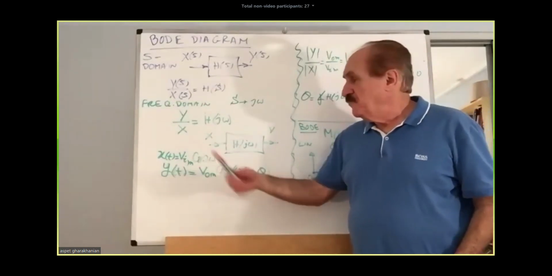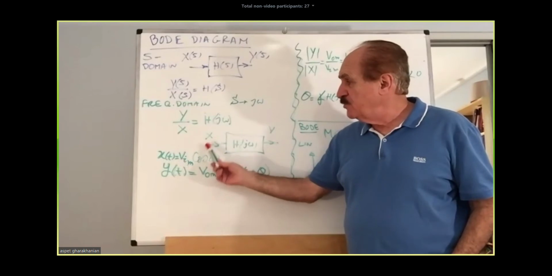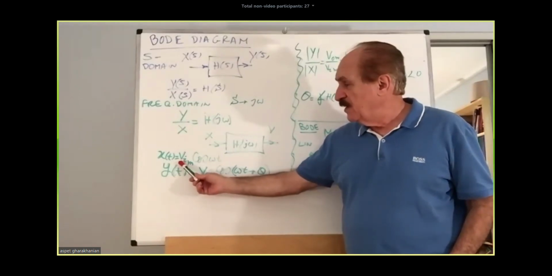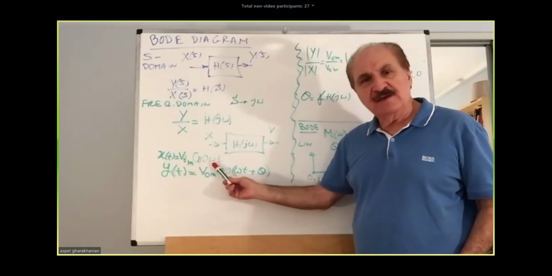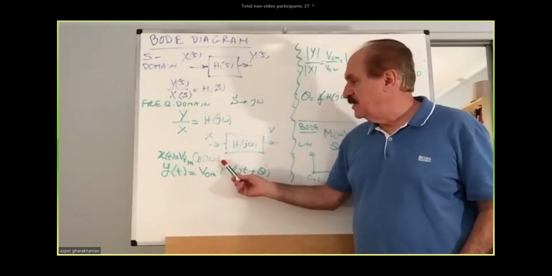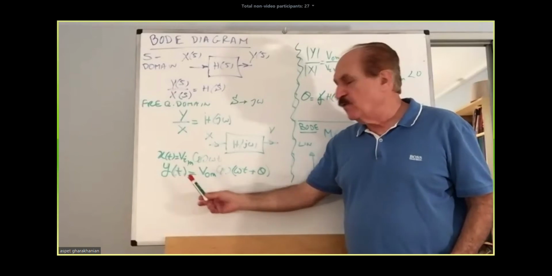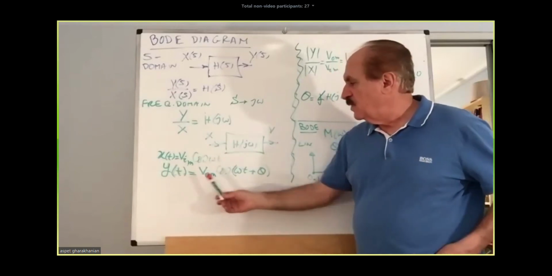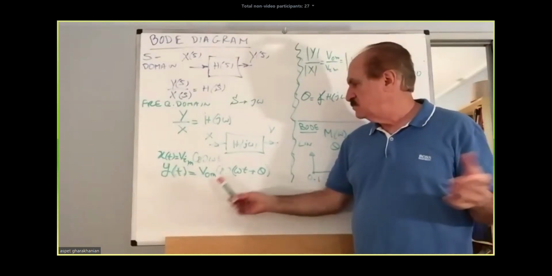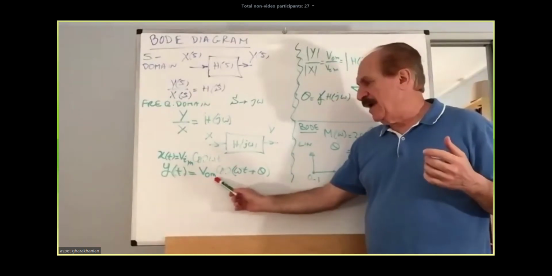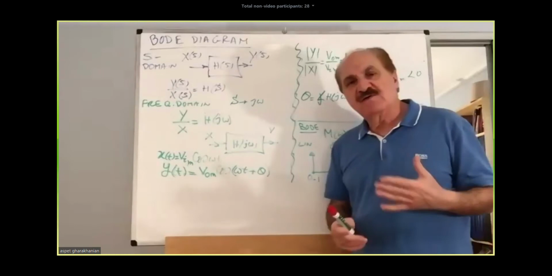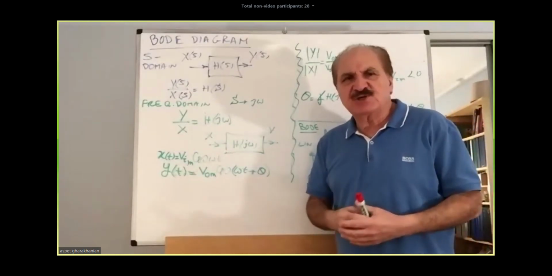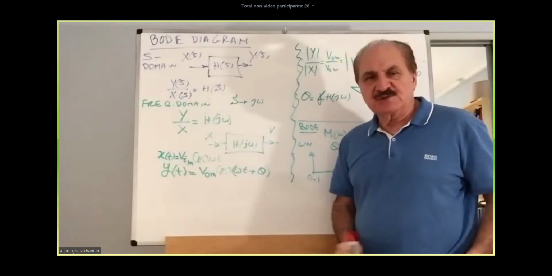So, for example, if you apply an input with an amplitude of VIM cosine omega t, the output waveform in general will be VOM, its own amplitude, cosine of omega t plus some kind of phase angle, a phase shift at that frequency.